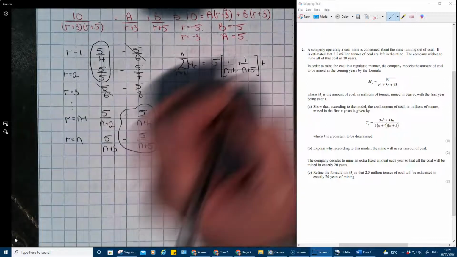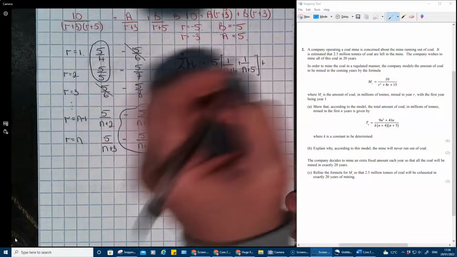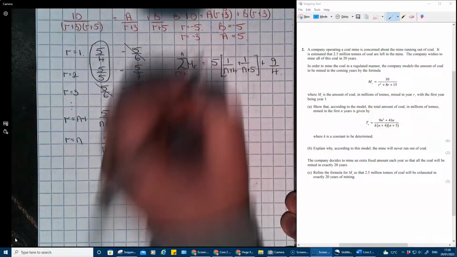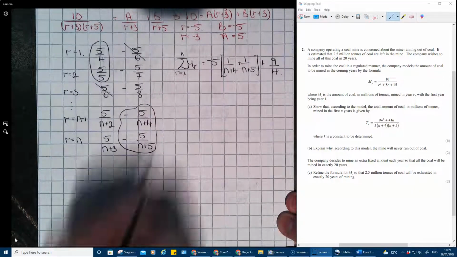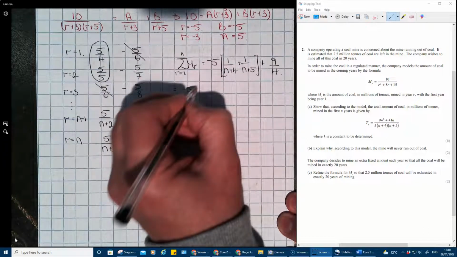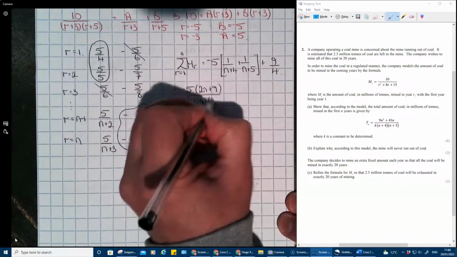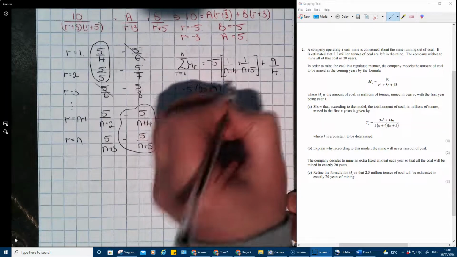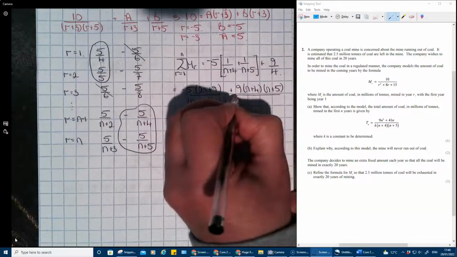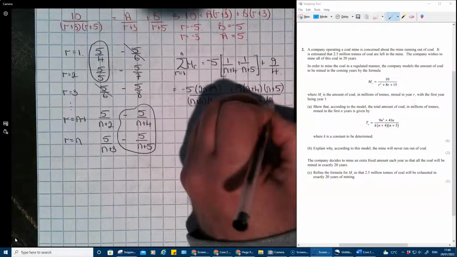So we're left with minus 5 lots of that times that and that times that, which is 2N plus 9 over (N plus 4)(N plus 5), plus 9 lots of (N plus 4)(N plus 5) over 4 lots of (N plus 4)(N plus 5).